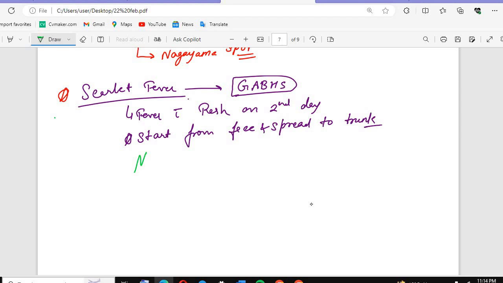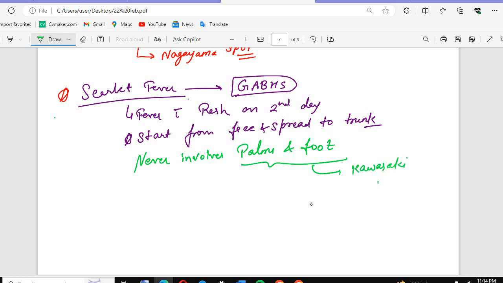Remember the important catch here: they never involve the palms and feet. Who involves the palms and feet? Kawasaki disease. In Kawasaki disease, we studied that they involve the palms and feet. And there is one more disorder in which palms and feet are involved, that is hand, foot, mouth disease.